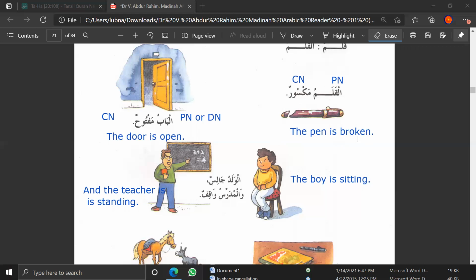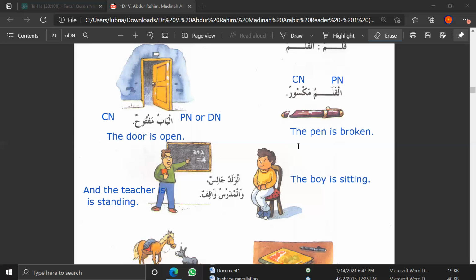If I say hazal kalamu, then it's not a complete sentence, because hazal kalamu means this pen. Haza is a proper noun, and al-kalamu is also a proper noun because of the al. So hazal qalamu would be "this the pen," right?